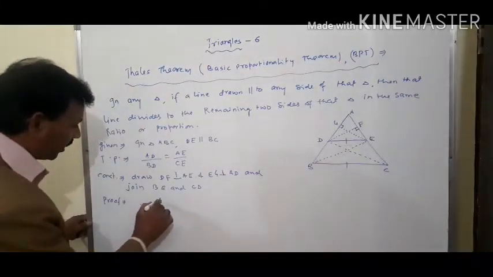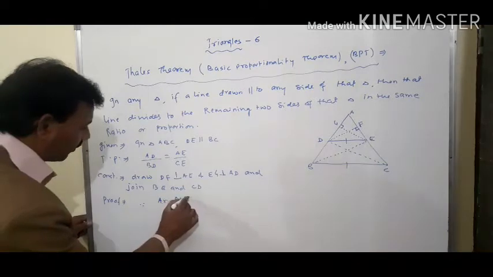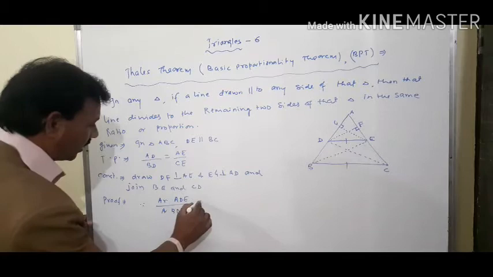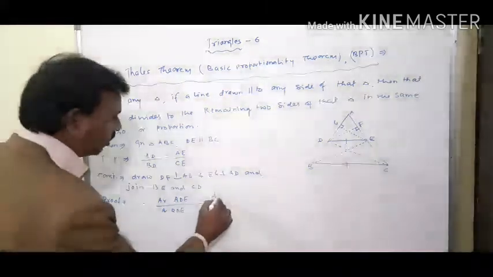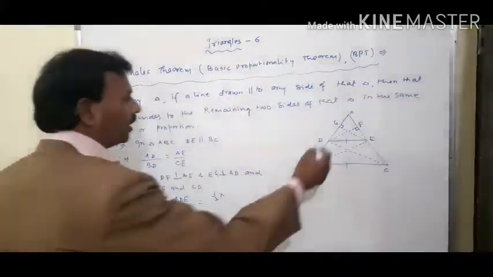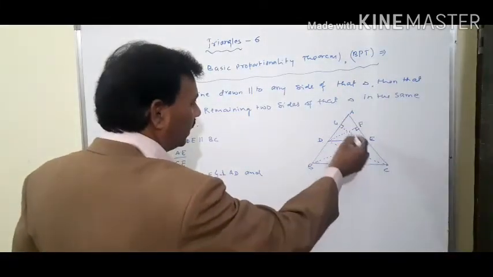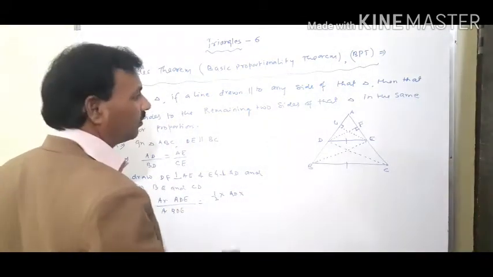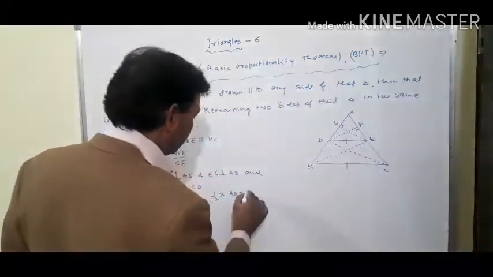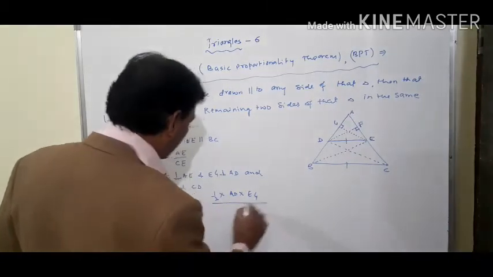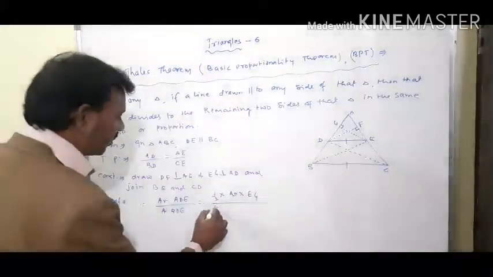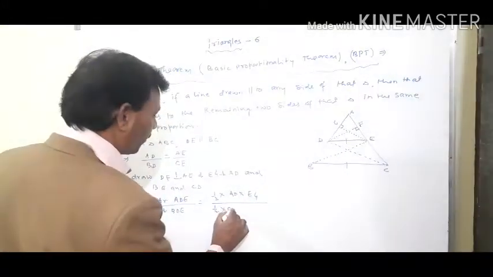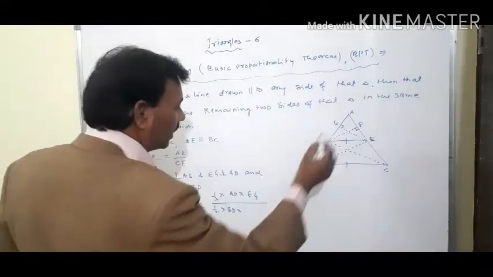Area ADE upon area BDE equal to 1 by 2 into base AD into height EG, upon 1 by 2 into base BD into height EG.